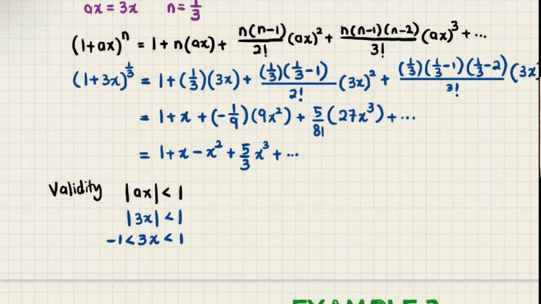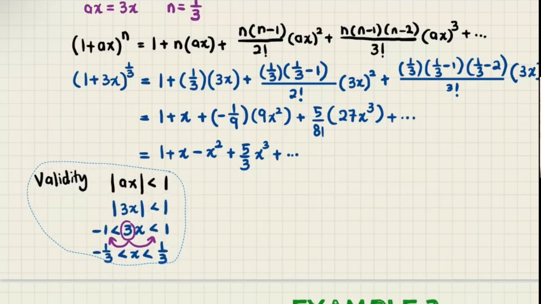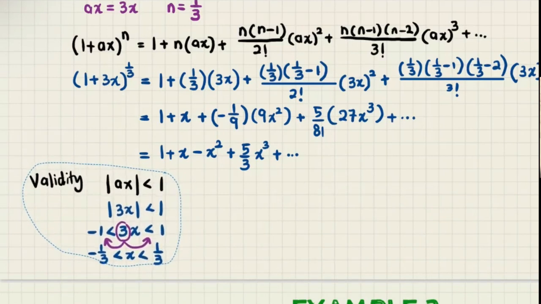Okay, so nak hilangkan 3 kat tengah-tengah ni, kita pindahkan on both sides lah. So here it will be negative 1 over 3 less than x less than positive 1 over 3. Oops, sekejap. Saya bawa naik sedikit. Okay, so inilah dia validity of our expansion.